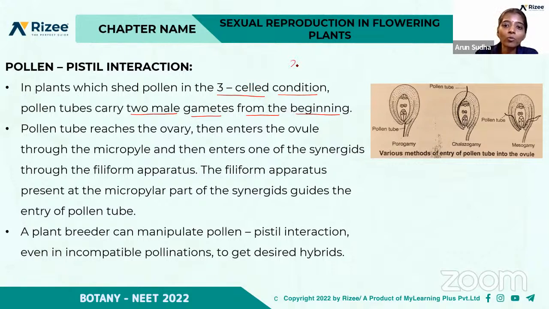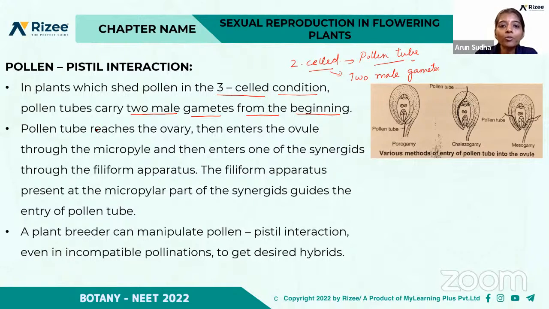But in the case of the two-celled condition, when the male gametes are formed, there is pollen tube growth. During that time, one cell, the generative cell, divides to form two male gametes. Clear, right?